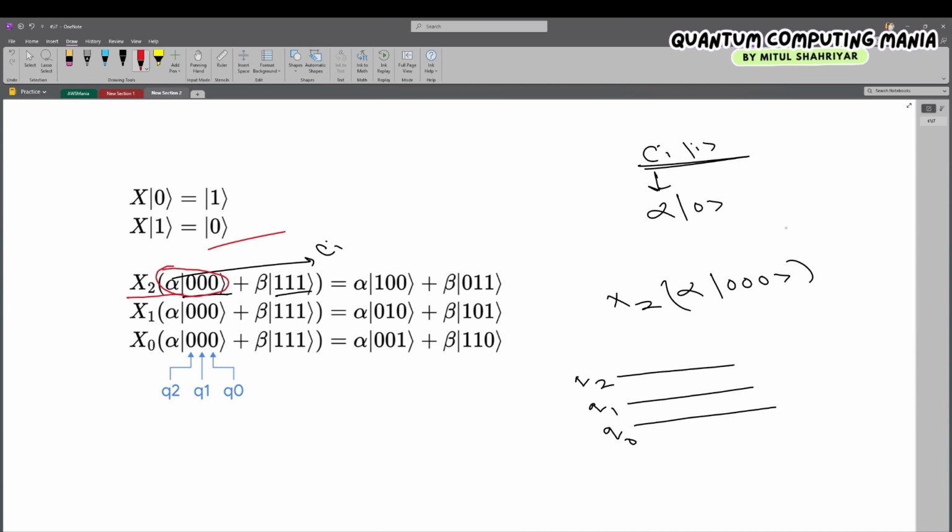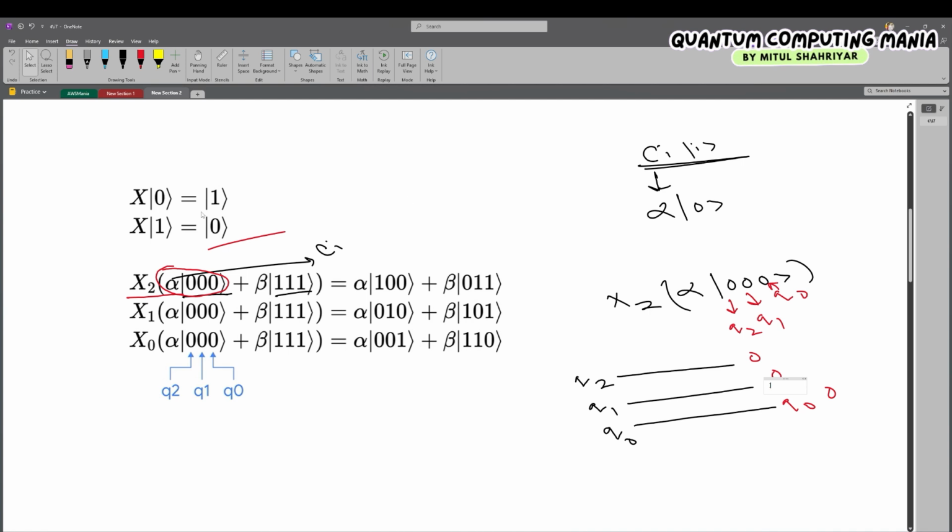Or same goes for me. It is not. Basically this is qubit 0, and the value is obviously 0, and this is qubit 1 and this is qubit 2. So the value is 0 0, right? So for example, if I want to write something like this, let me just change the value so that you can understand how this works.